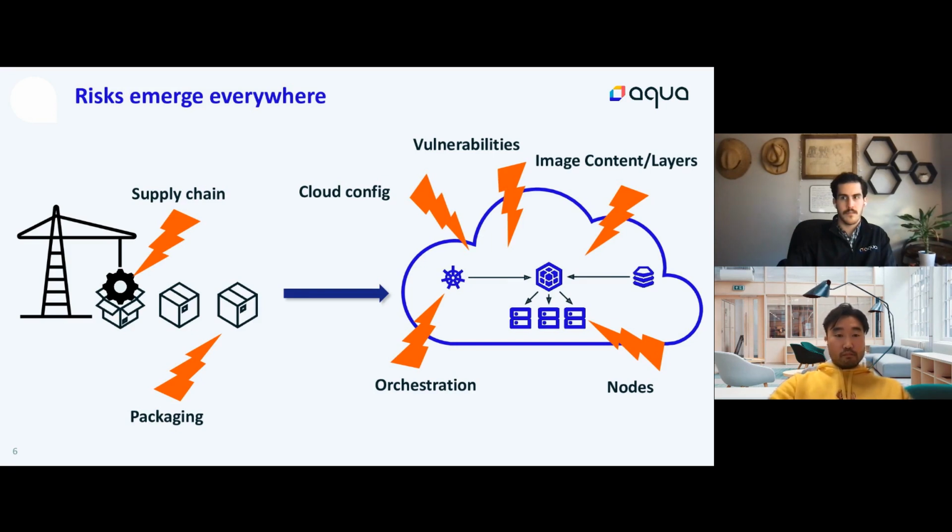And then in the runtime, there's also an issue in terms of what we refer to as a blast radius, where if you compromise a single container, you might be able to affect east-west traffic or north-south traffic, where you'd actually be able to compromise the container, the host itself.